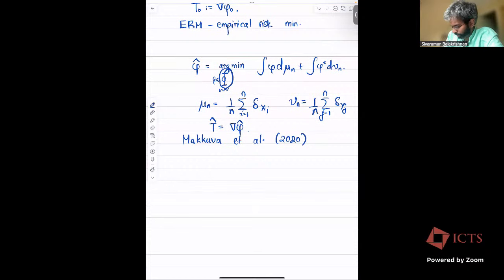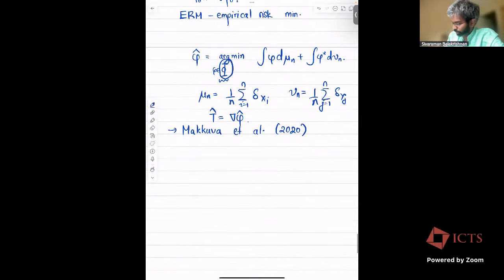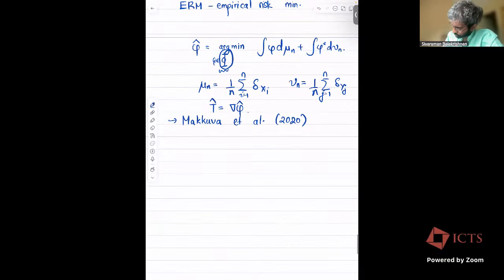You parameterize this function class by neural networks, and you particularly want to ensure that the neural network outputs convex functions. So there is something called input convex neural networks. This is by Amos et al.